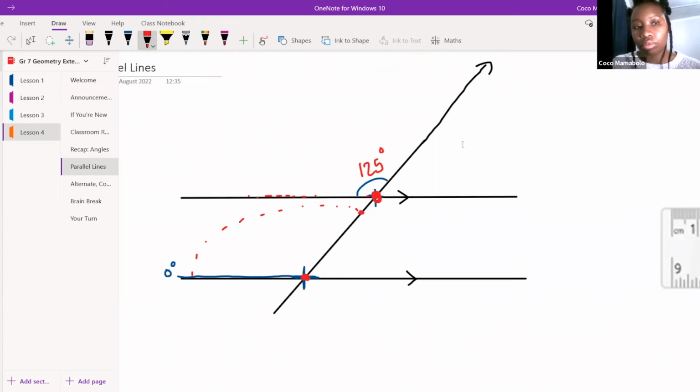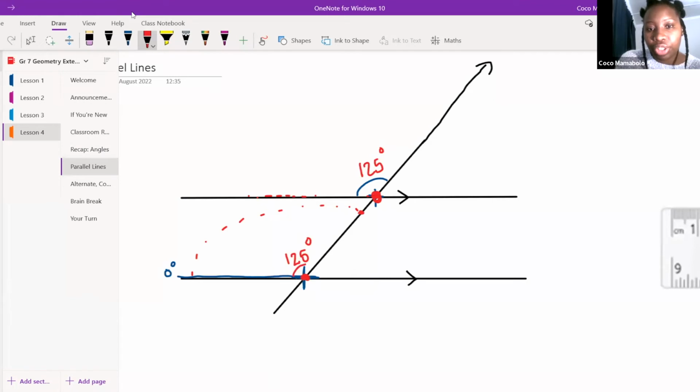Okay. At this side, it's the same degree as the top. Exactly. It's exactly the same degree. It's 125 again, right? Yes, it's 125 degrees.